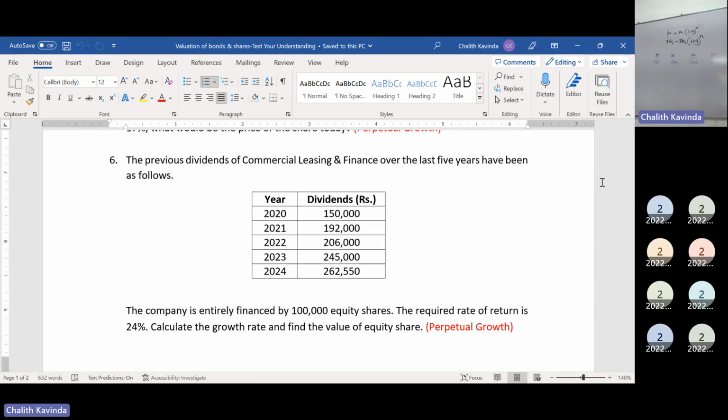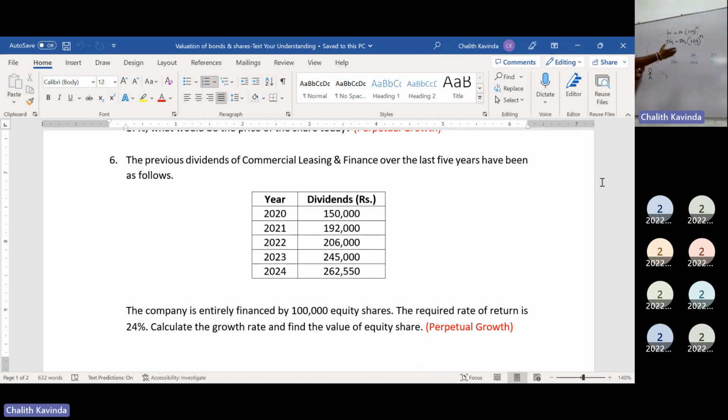Now you are at the end of 2024 or the beginning of 2025. I am explaining the rationale behind that formula. To calculate the growth rate, you have to go 5 years back. Anyway, you have to go here, and now you are here. From here onwards, you are looking at the future. If you use this particular formula, what is your future value?